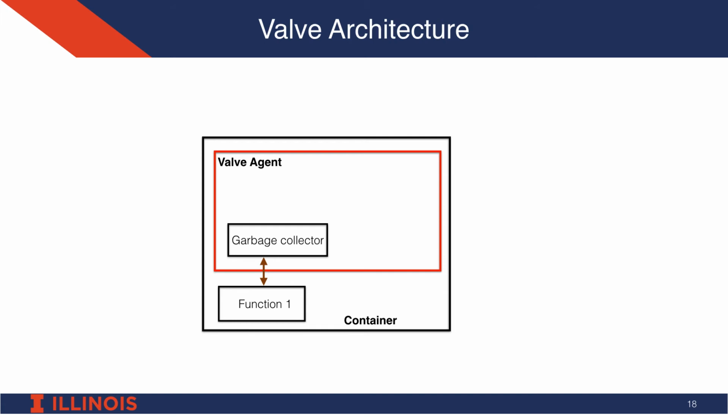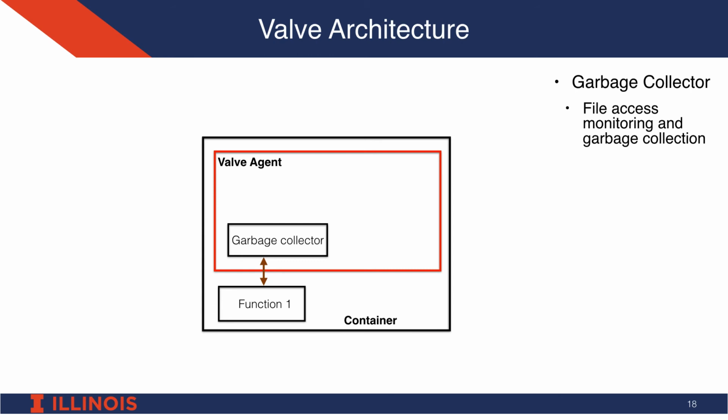For file operations, the tracer records the accessed file, offset, and bytes accessed. After the function finishes execution, all data on disk that was modified by the function is erased from the container. And currently, container reuse attacks require an explicit data flow from one function execution to another. So the garbage collector is sufficient to deny cross invocation capabilities to the attacker. It also provides fine-grained observability in terms of file access behavior of the function.